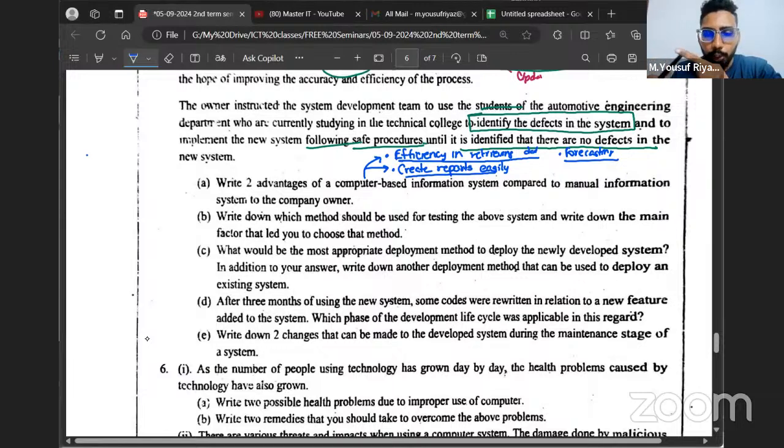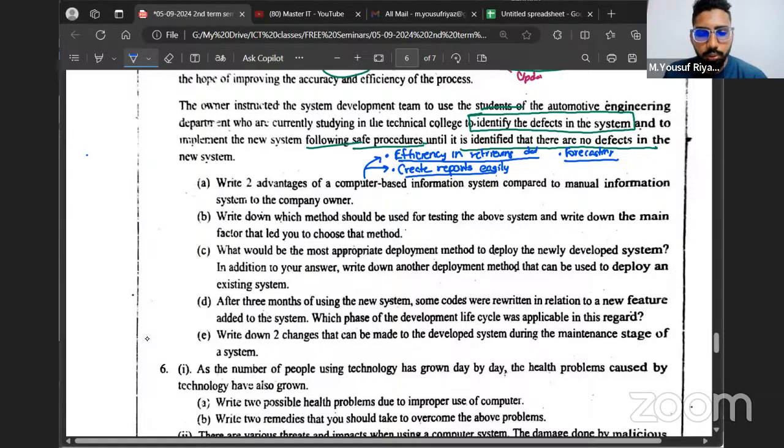Under features of a computer, you have speed, accuracy, storing and retrieving. And under features of information, you get accuracy, cost effectiveness, timeliness. It's confusing, so go and refer to the grade 10 first lesson and second lesson. Yes, you'll get marks for accuracy, but don't use it, is my perspective.